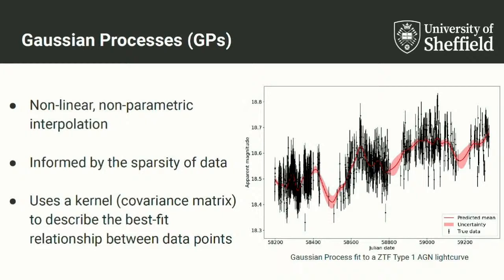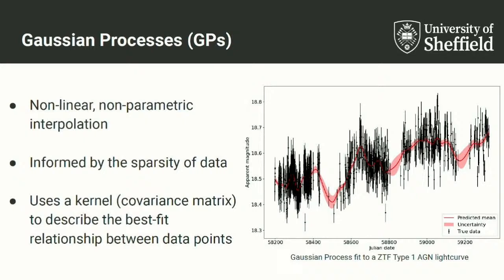So Gaussian processes are a statistically robust form of regression, they take uncertainties into account, and they are informed by the sparsity of your data. I like to think of them as a statistical way of joining the dots, right? In the way that it uses something called a kernel function, which is a covariance matrix, and this just describes how points are related to one another, okay? So how your data is varying.